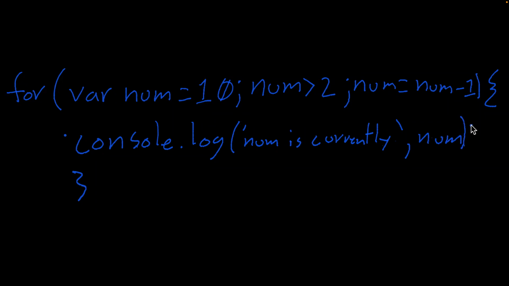Anything we enter in the console log that has quotations around it is a string. And if we put a comma after the string, then we can specify a specific variable. If it doesn't have quotations around it, it's looking for a variable name.